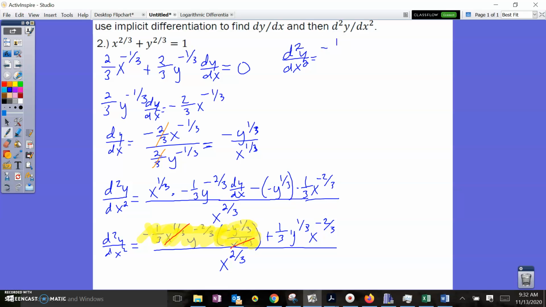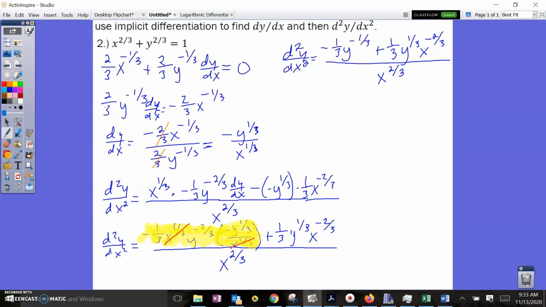And that makes that term negative 1/3 y to the negative 1/3, because negative 2/3 plus 1/3 is just negative 1/3, and plus 1/3 y to the 1/3 x to the negative 2/3, all over x to the 2/3.